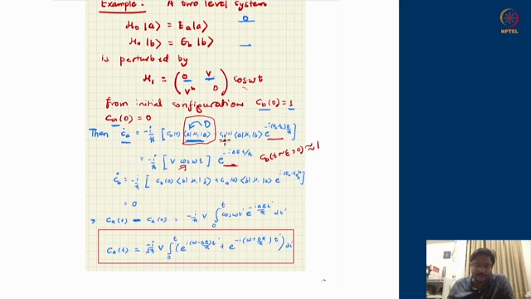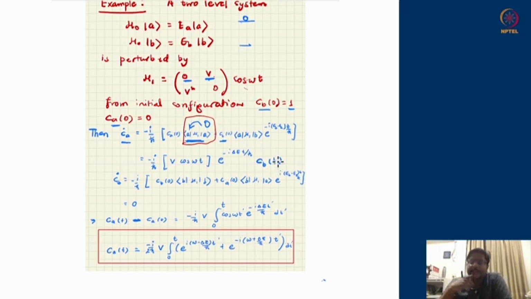So therefore this Cb(0) has been put to the value 1. So the growth of Ca dot is actually controlled by the Cb, which we have put to 1. But know that if I do not do this exercise, and do not put it to 1, then in full generality, the term which comes over here is just Cb of t.